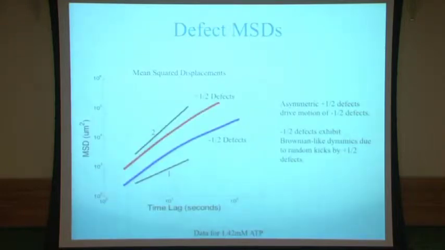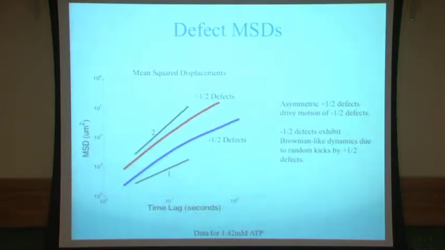so you can measure the mean square displacement of these defects, and you can see that the +1/2 defects move much faster. The reason for that is that the +1/2 defect has this anisotropy, right? So the stresses don't add to 0, and so the +1/2 defect is actually propelled. A -1/2 defect has a spherical asymmetry, and so the -1/2 defects are just being pushed around by +1/2 defects.